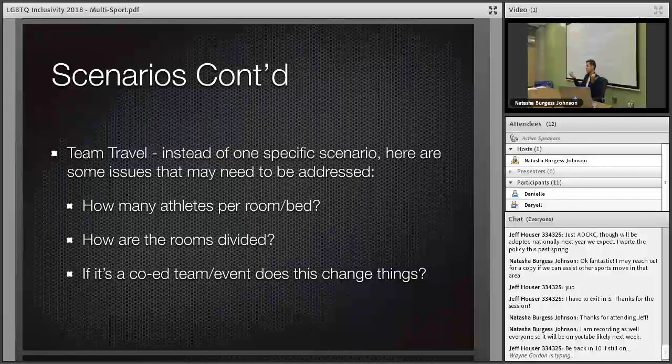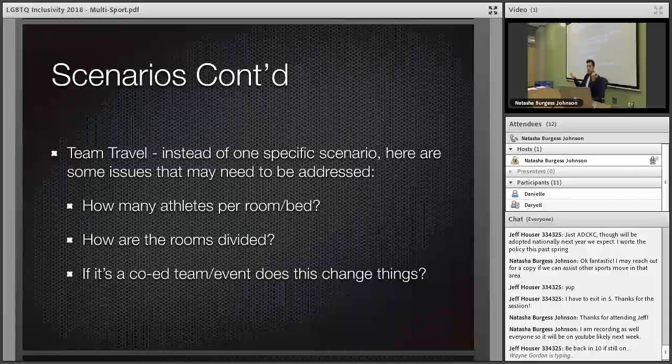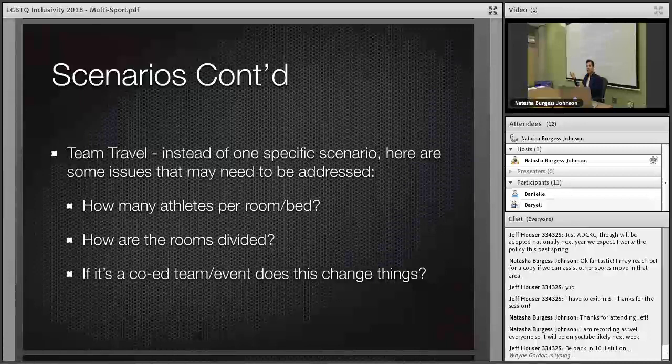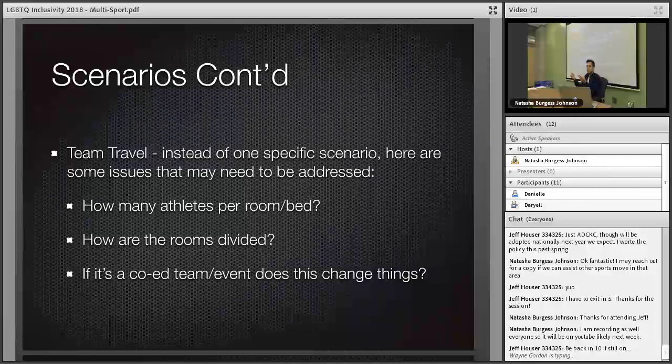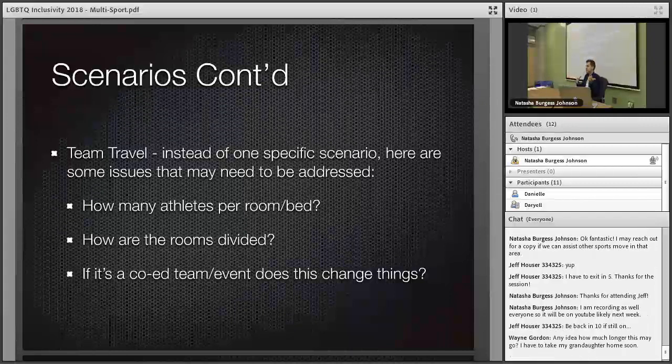Even as a coach, I've been to an event where there was an odd number of male and female coaches, and the policy is that male and female coaches can't share a hotel room unless they're married. Whatever the policy was, that's what it was. Well, I'm gay, and she was a good friend of mine.